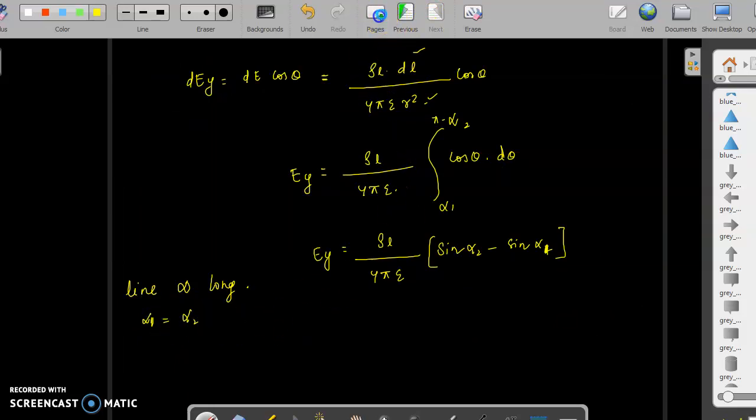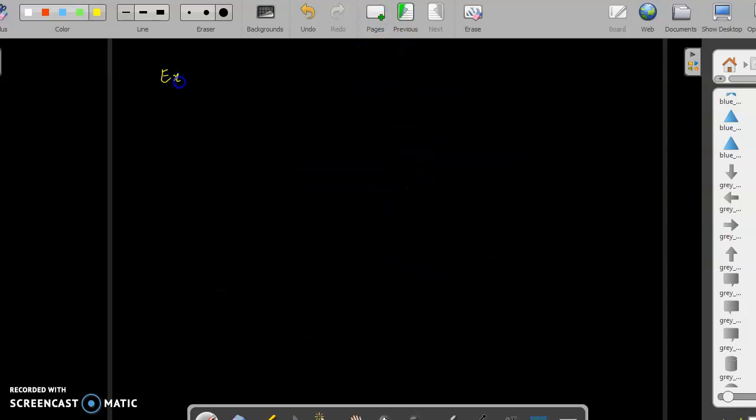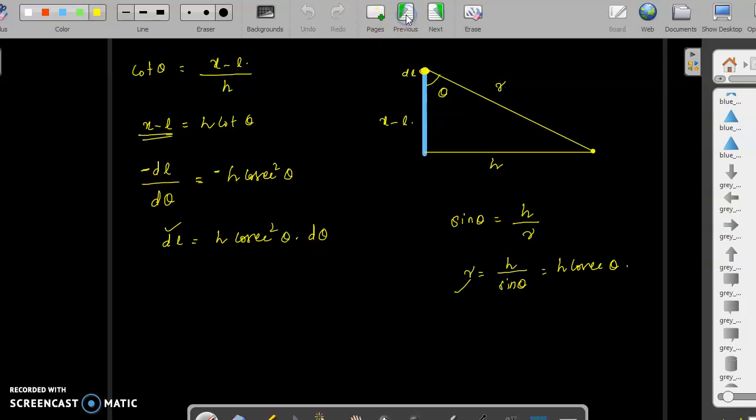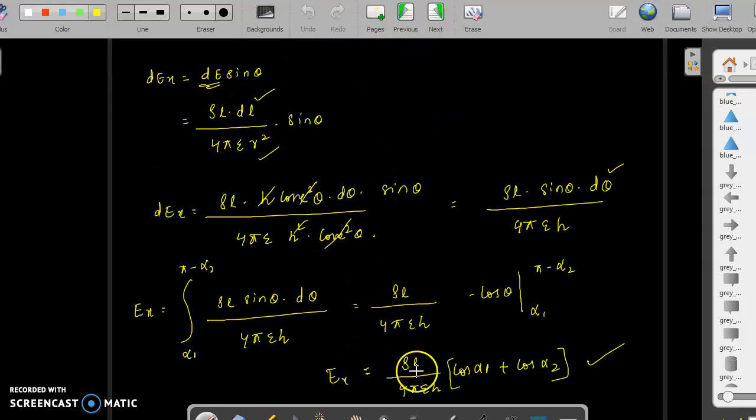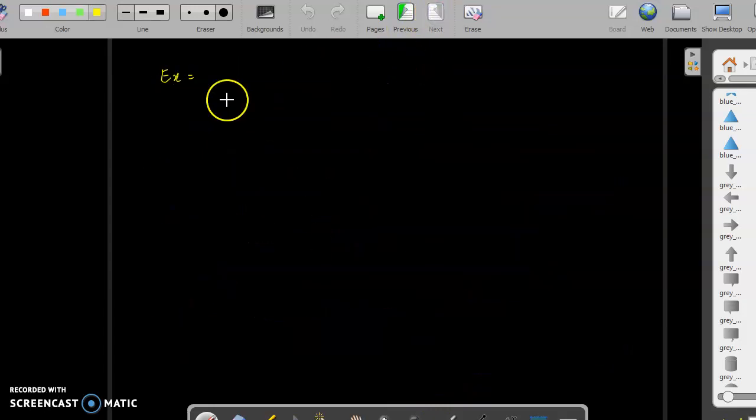So if you use this information, Ex is rho L over 4 pi epsilon h, and cos alpha 1 plus cos alpha 2 becomes 2 cos alpha. So let us consider alpha 1 equal to alpha 2 equal to alpha.